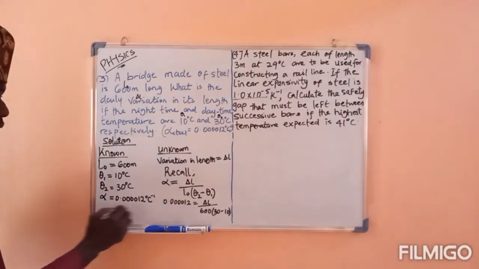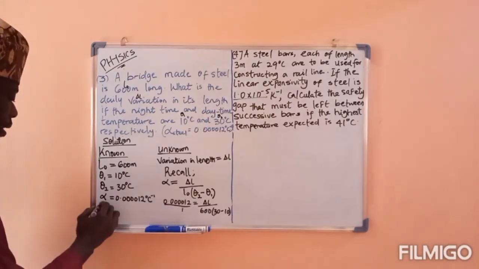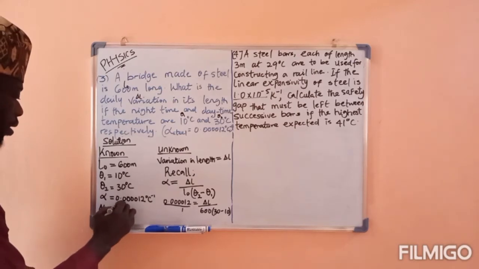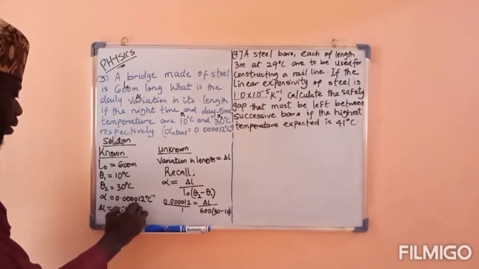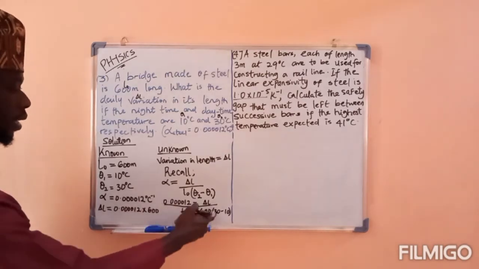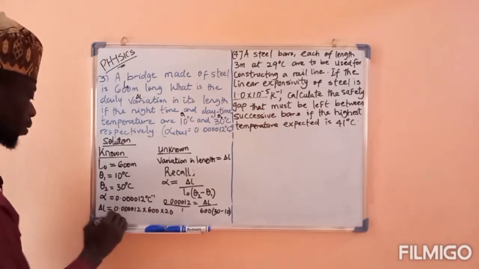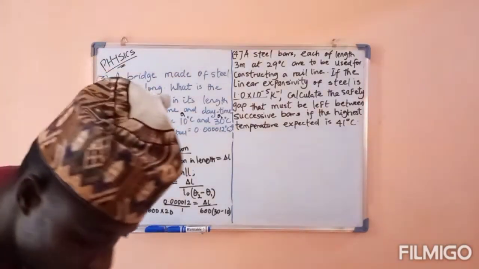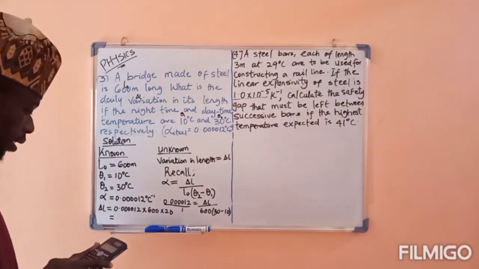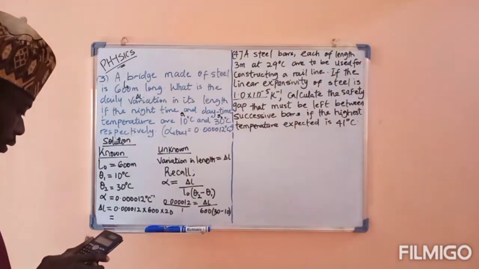Come to this side. So all I need to do here is to what? Cross multiply. I have my change in length is equal to this multiplied by the whole of this, 0.000012 multiplied by 600. 30 minus 10, that will give us what? 20. So if you multiply the whole together, that will give you the variation, which is the same thing as the change in length they are asking for you to calculate.